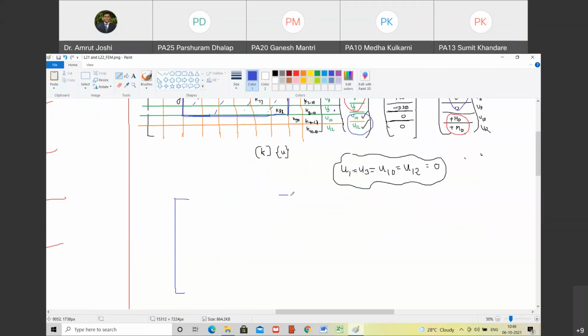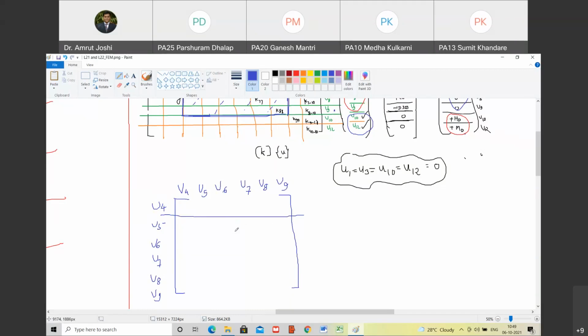Are you with me? U4, U5, U6, U7, U8, U9. This is a separate matrix that I am going to write down.